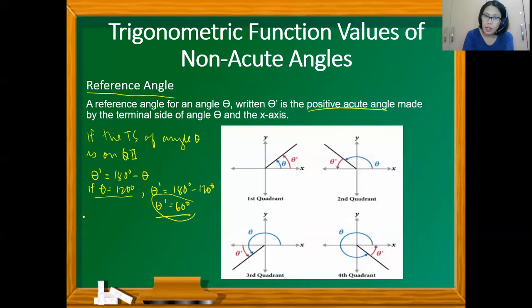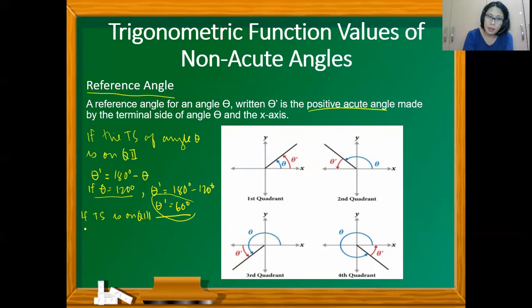Now, if the terminal side is on quadrant 3, again, the entire value up to here is 180, and theta is greater than 180 if the terminal side lies on the third quadrant.